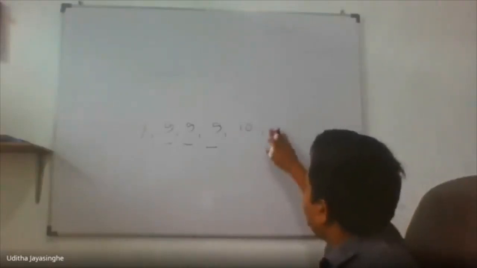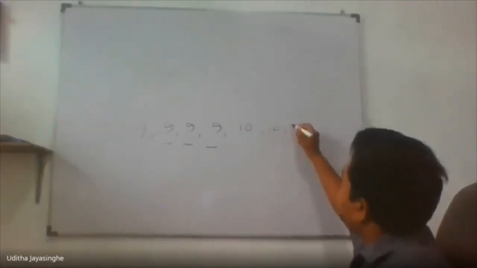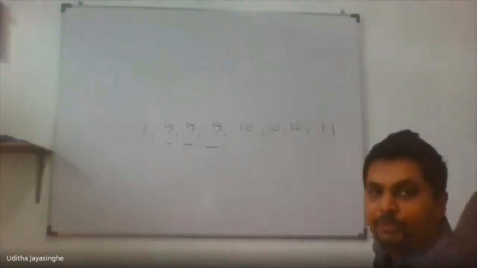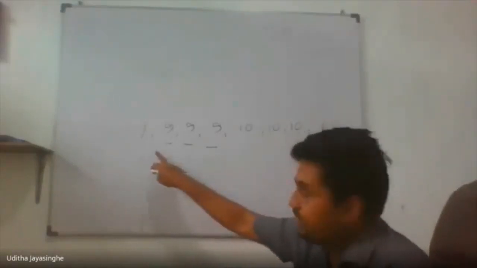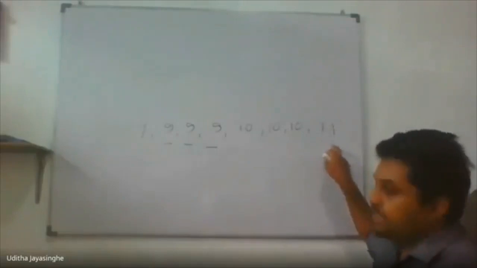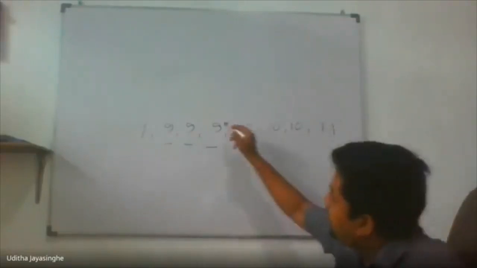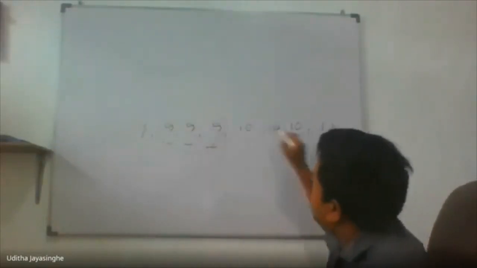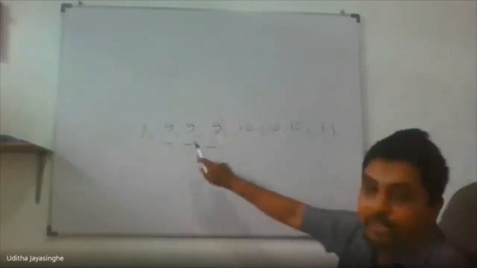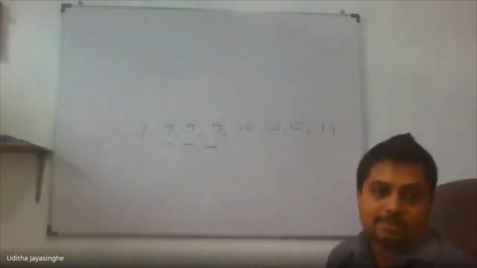Okay. What if you have a data set like this? You have 7 here, 3 nines here, 3 tens here, and 1 eleven. It's an instance of multiple modes. So you have number 9 and number 10 as modes.